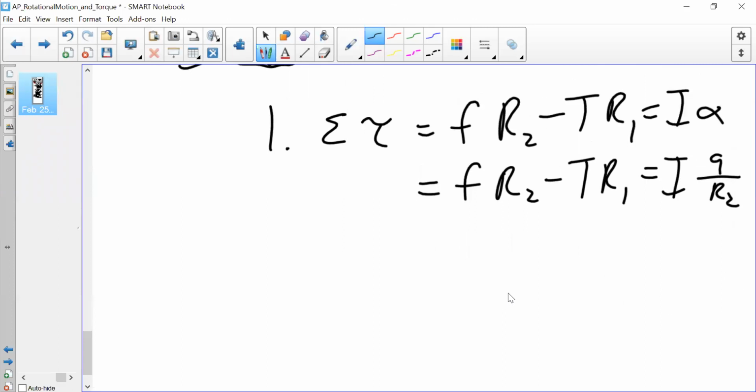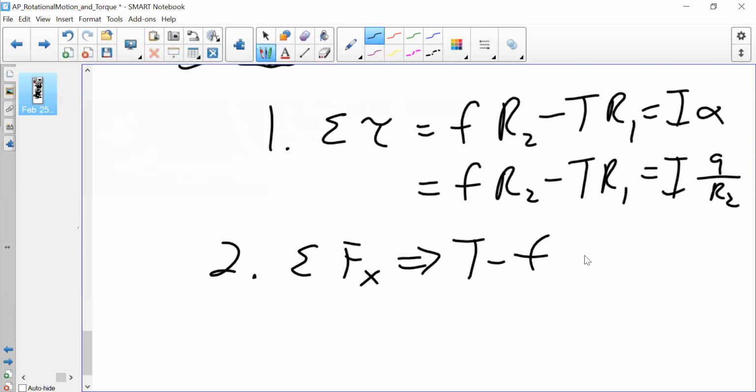And then taking a look at the forces, they're both in the horizontal direction. T minus F equals mass times acceleration.